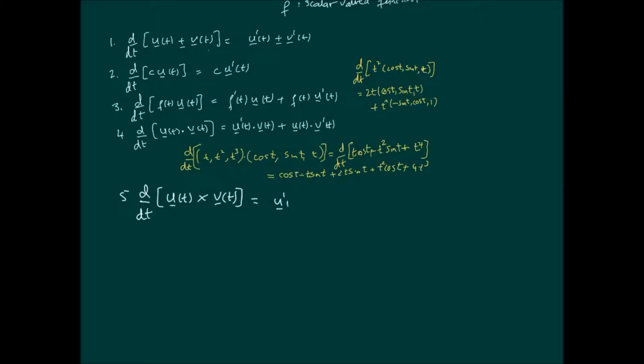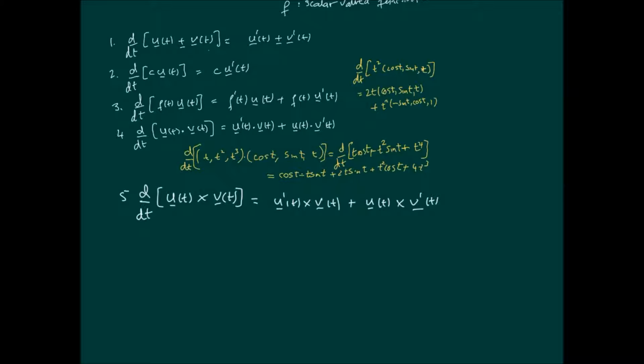So it's u'(t) cross v plus u(t) cross v'(t). That's what we end up with. You can clearly see here that the product rule is in all of these: for the scalar valued function multiplying the vector, the dot product, and the cross product case as well.